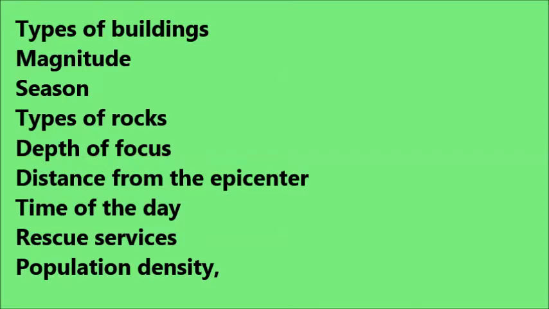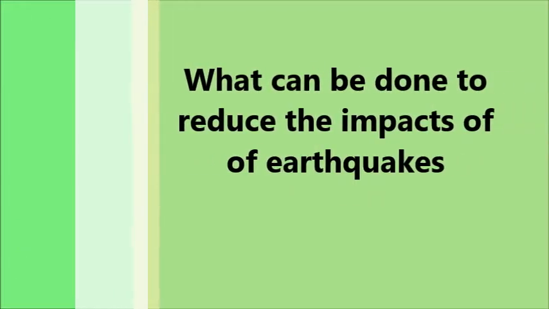If an earthquake takes place at night, more people are sleeping, so the chances of escaping from buildings are very low. If it takes place in developing countries, for example, they have few rescue services, which will mean more deaths. And if it takes place in an area with higher population density, the higher the population in a place, the higher the death toll that will be recorded.